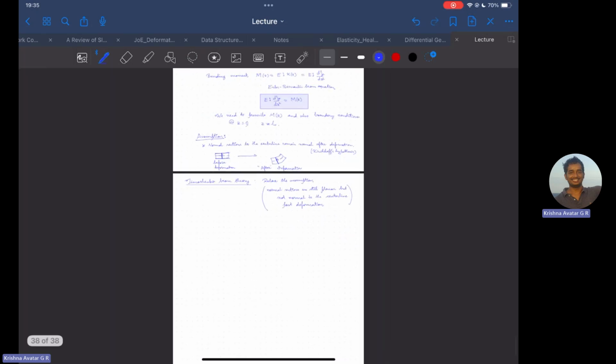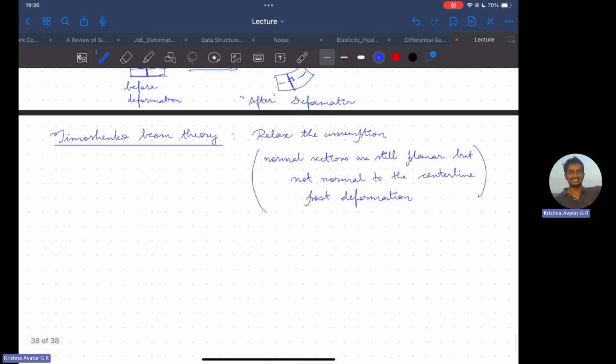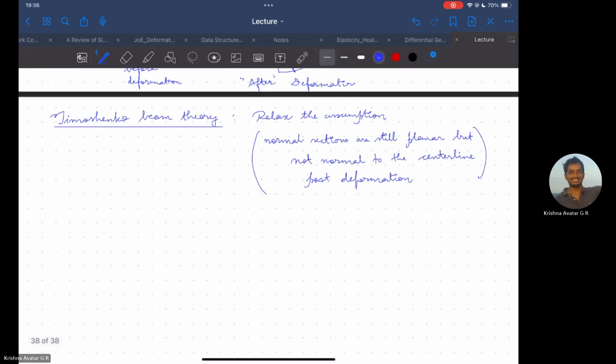So in that case, now we had this cross section. It was making 90 degrees, pi by 2, right?